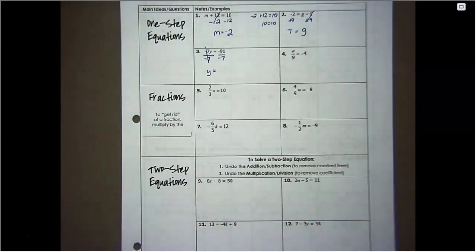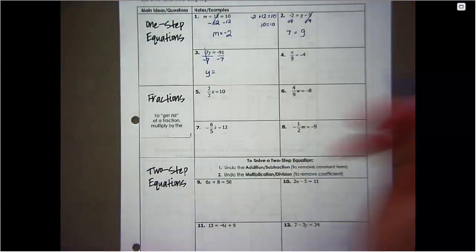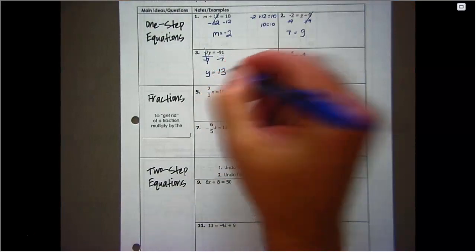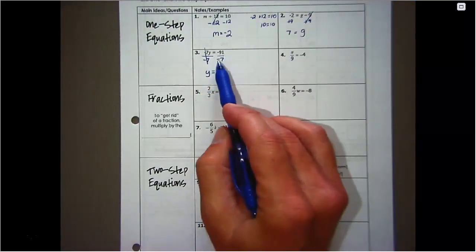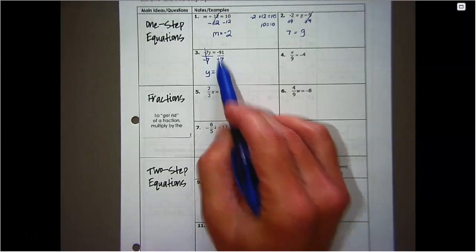And then we have to figure out what 91 divided by 7 is. 91 divided by 7 is 13. So remember here we have a -91 divided by a -7, so two negatives are going to make a positive.